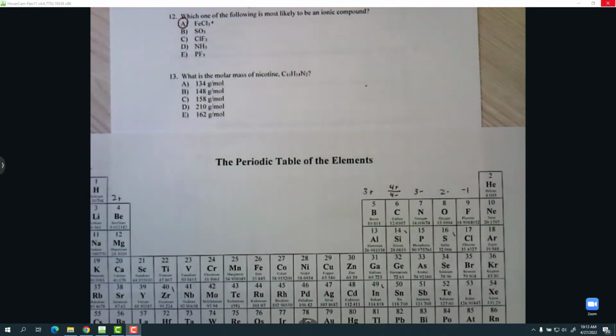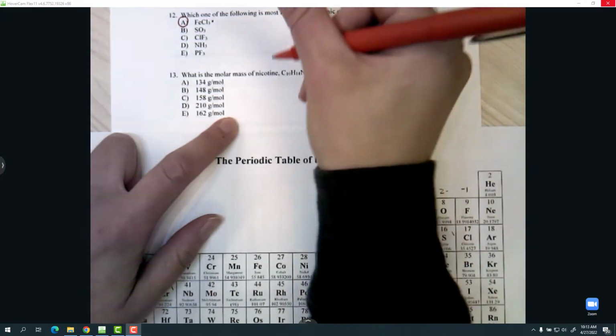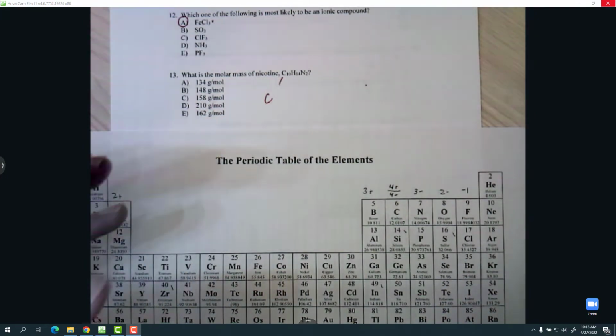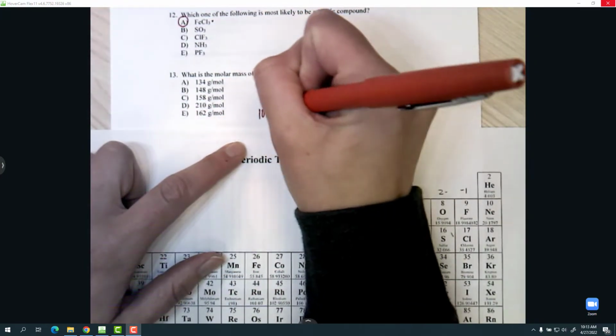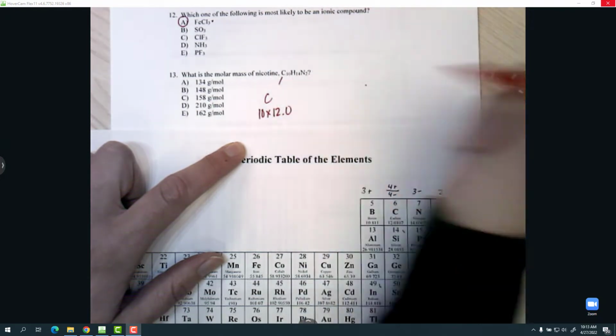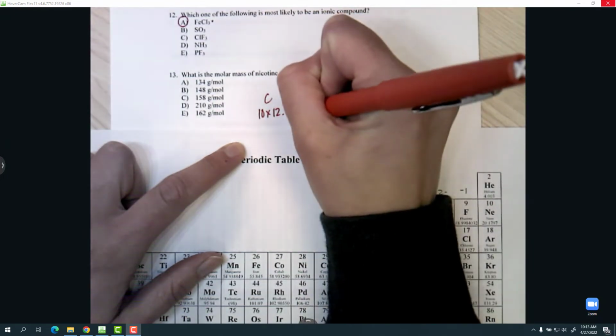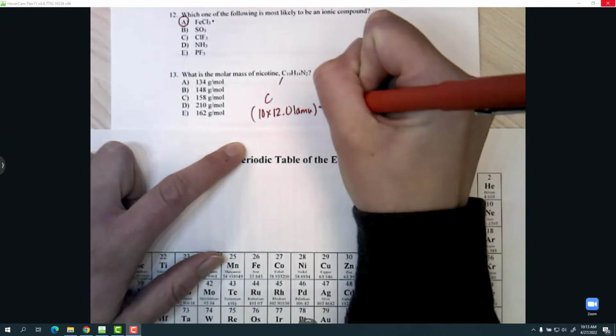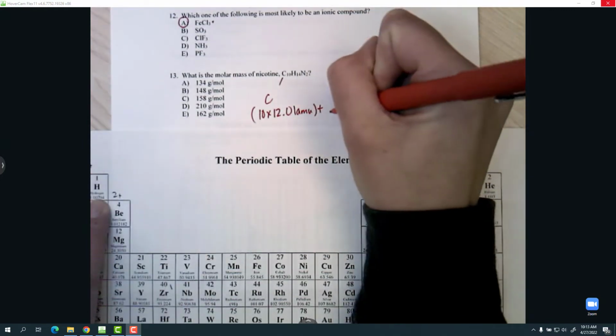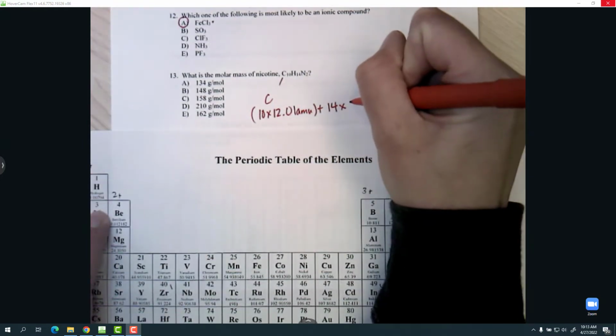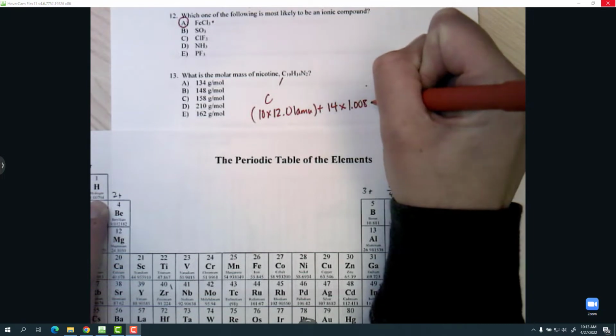All right, what is the molar mass of nicotine? C10, so C is 10 times 12.01. Hydrogen, I've got 14 times 1.008.